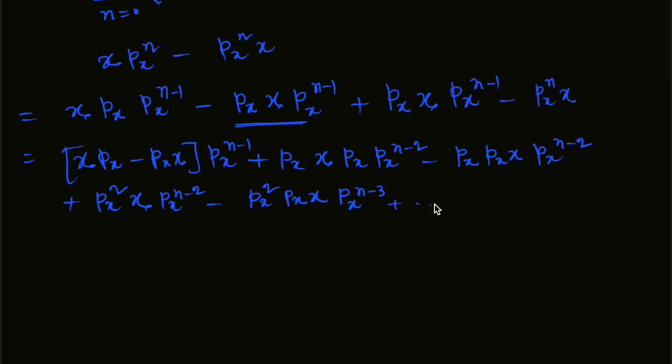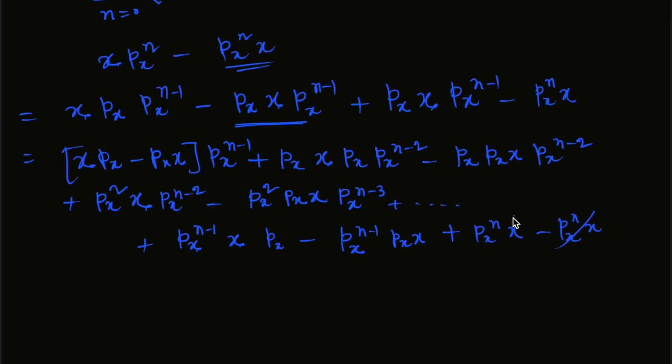So if we do this, then we will get a term plus px n minus 1 x px. So we have to subtract a term, that will be px n minus 1 px x. Then we have to add another term, that will be px n x minus px n x. So this term will be cancelled.